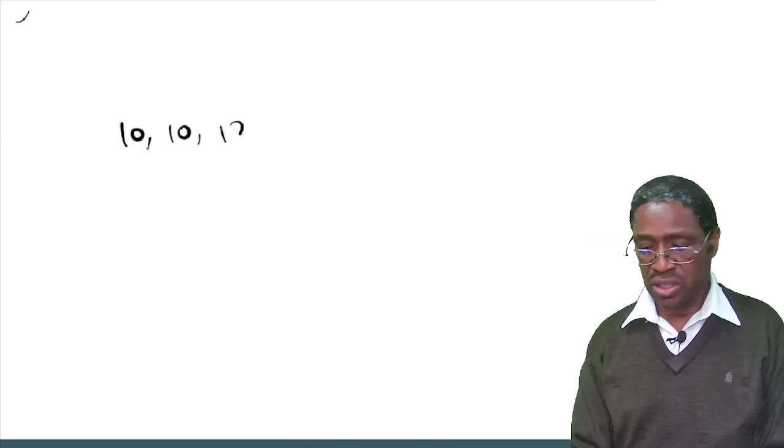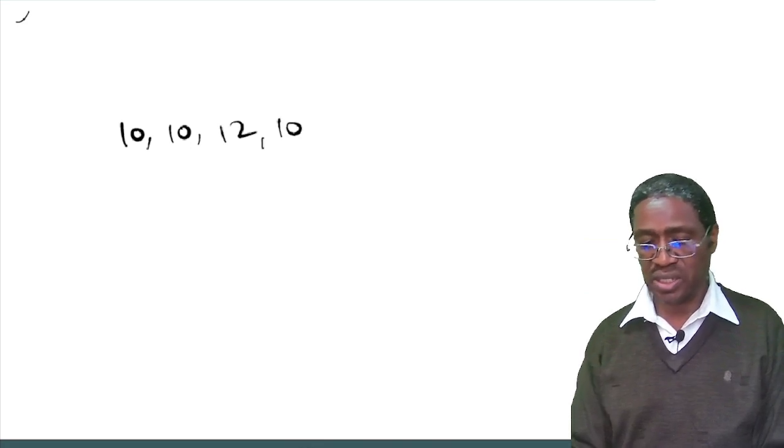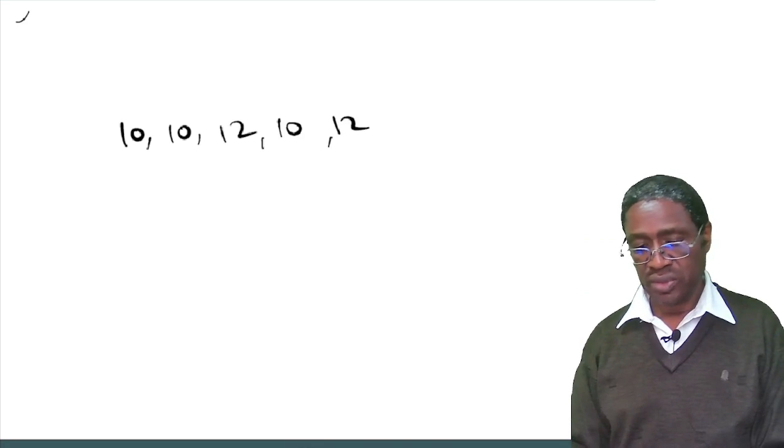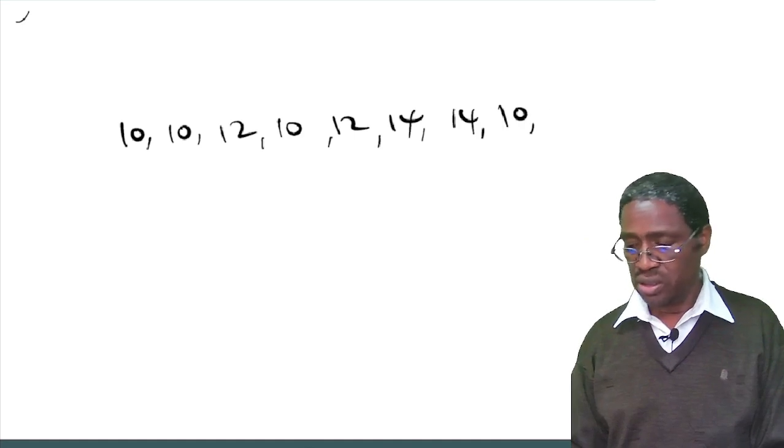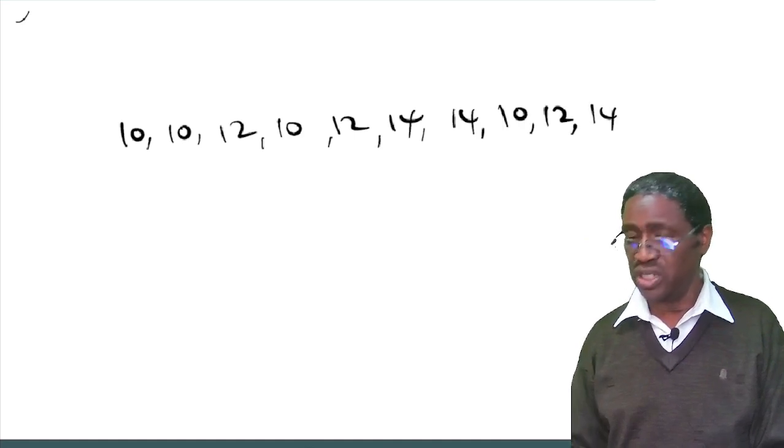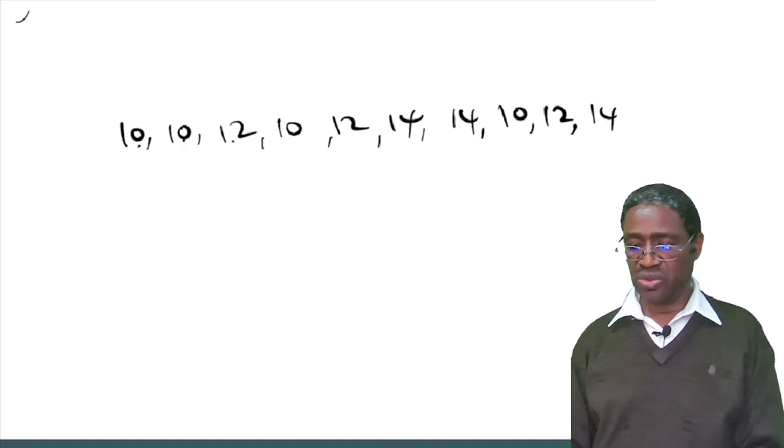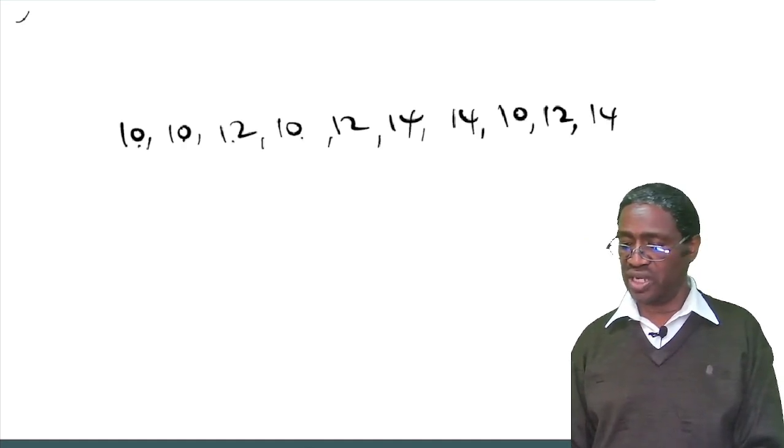The following were the returns from a single investment over a period of 10 years: 10%, 10%, 12%, 10%, 12%, 14%, 14%, 10%, 12%, and 14%. Let me see whether they are 10: 1, 2, 3, 4, 5, 6, 7, 8, 9, 10.